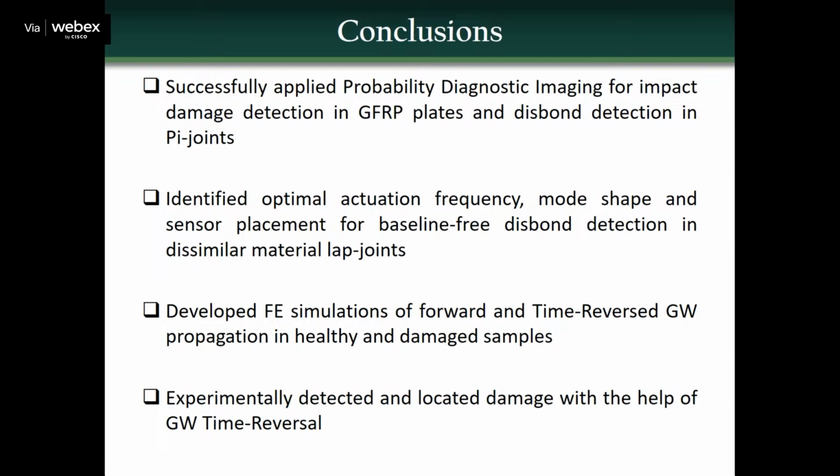And we also demonstrate how we can use a model-assisted approach to perform the inversion or the imaging of guided wave signals for this particular problem, right?